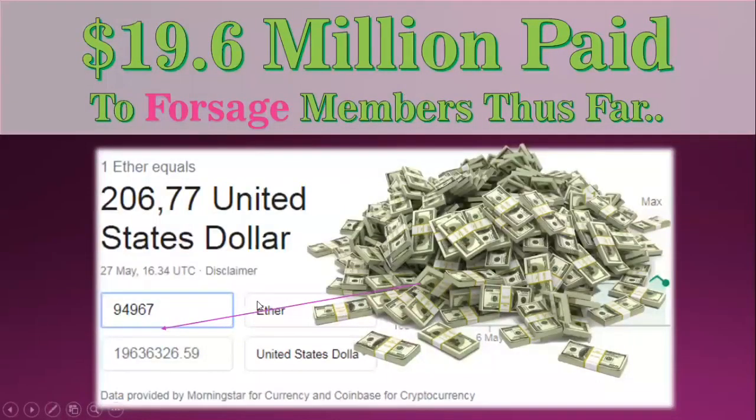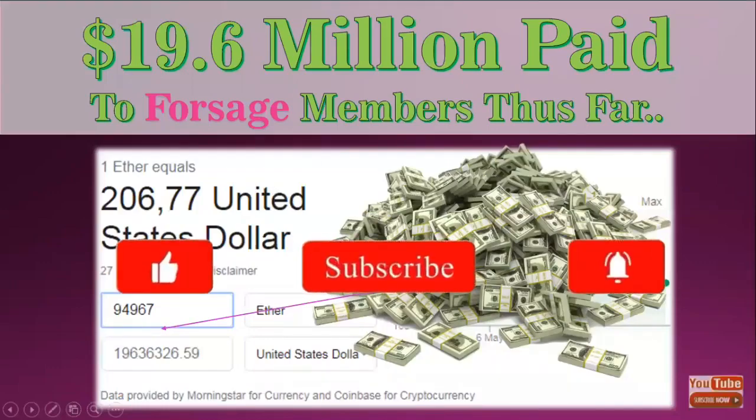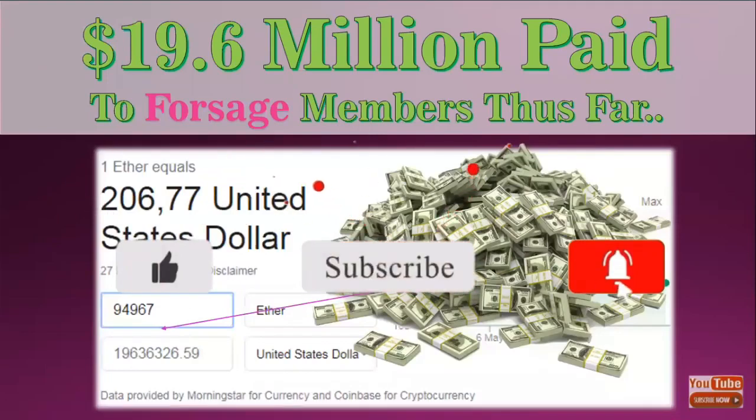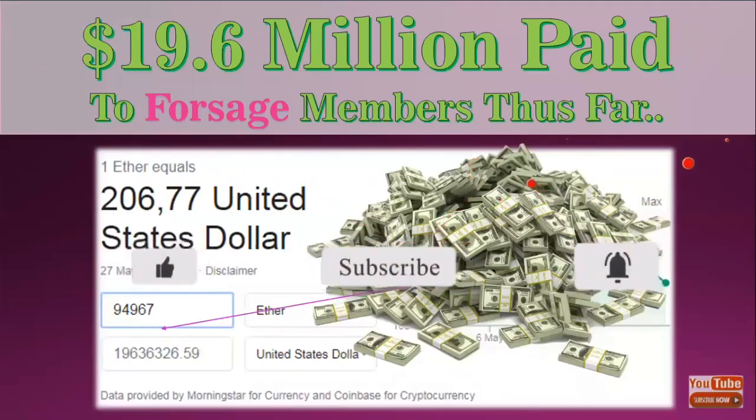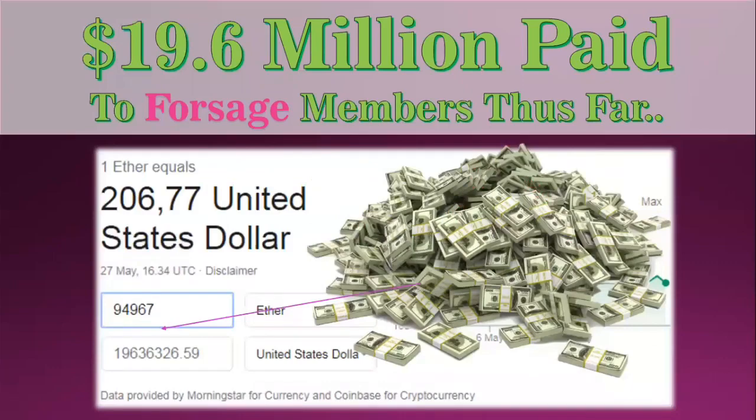As per usual, as tradition, I like to show people this big pile of cash that we've earned thus far. We are at 19.6, probably 19.7 million dollars worth of Ethereum earned thus far. And this thing is a rolling train that is seeing no signs of slowing down.